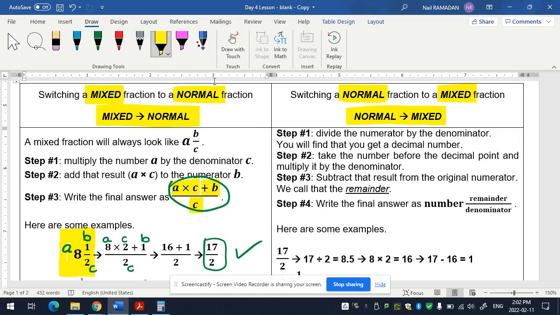And I will keep how much? Question: 1, 2, 3, 4, 5, 6, 7, 8, 9. How many people are in class? 9. Everyone, eyes up here. 9 people in class. Each one of you got how much?